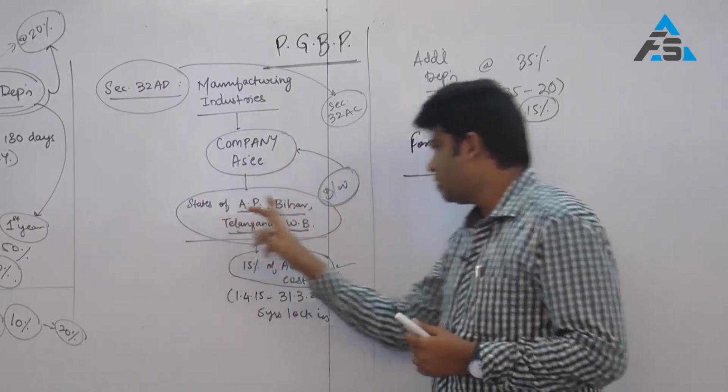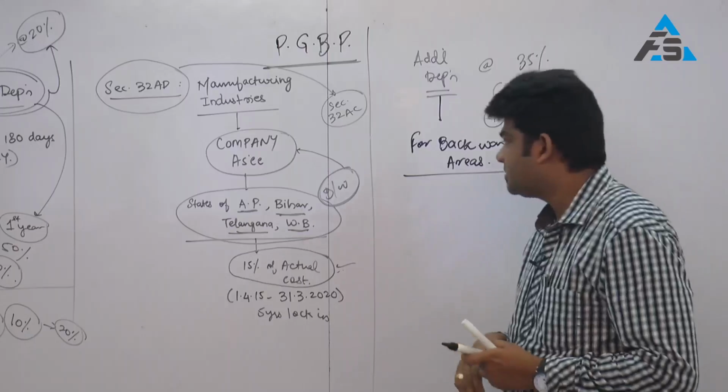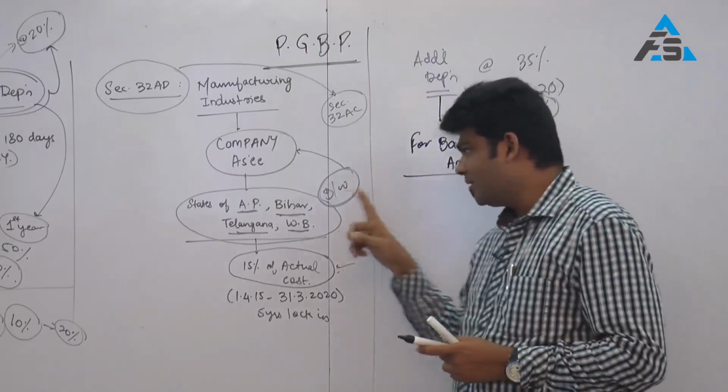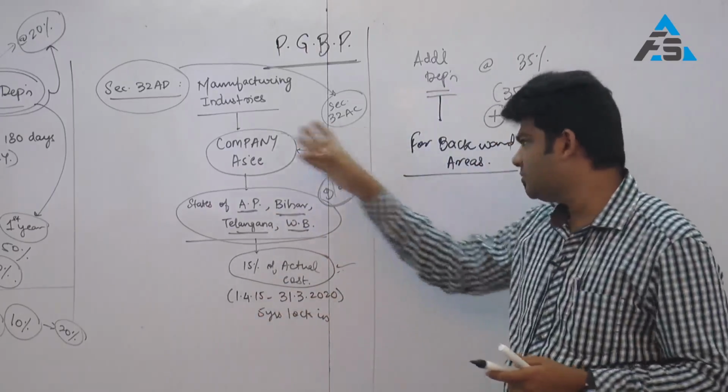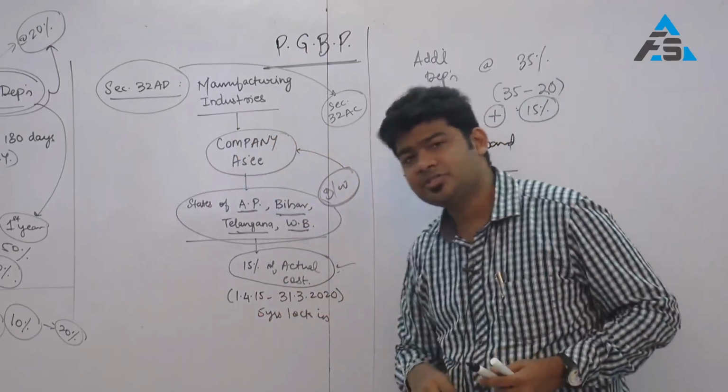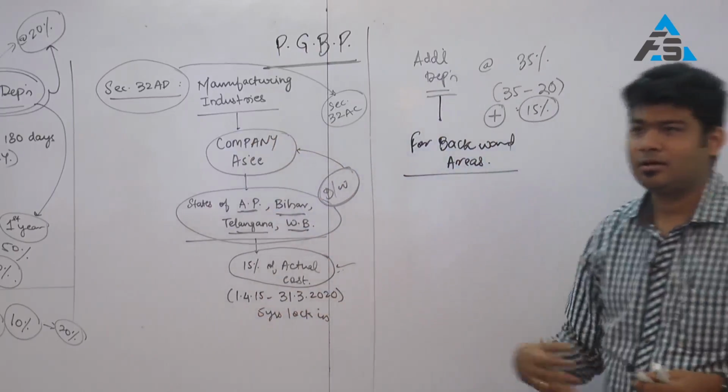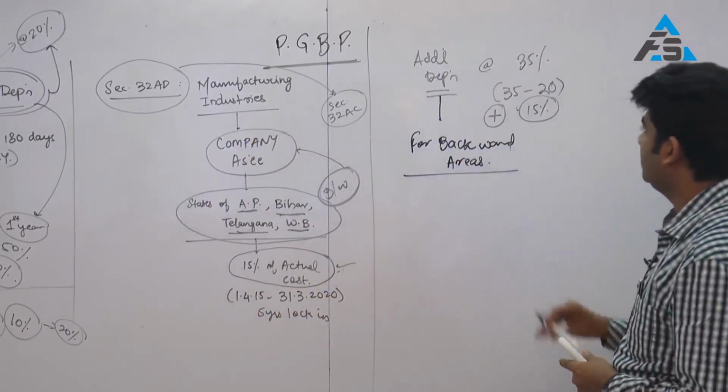So Andhra Pradesh, Bihar, Telangana, West Bengal. Again, new plant and machinery, same definition as provided in 32 AC or in the case of additional depreciation. So no second hand, no ships and aircraft, etc.